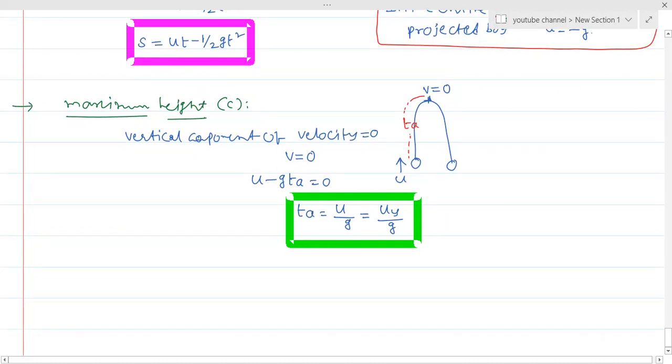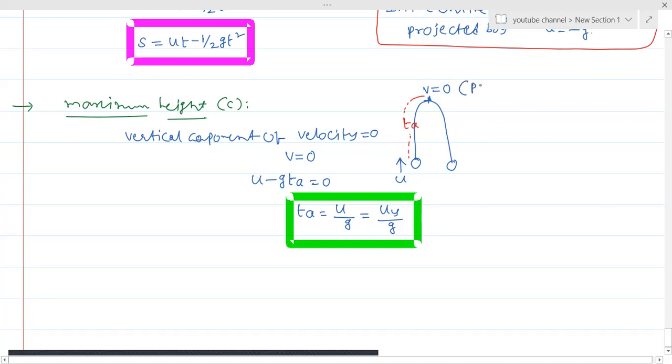At maximum height, we need to understand that the body has only potential energy, and at the point of projection the body has only kinetic energy. For example, the total energy at A, the point of projection, we will take as half mu square.